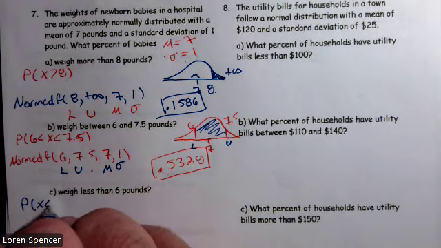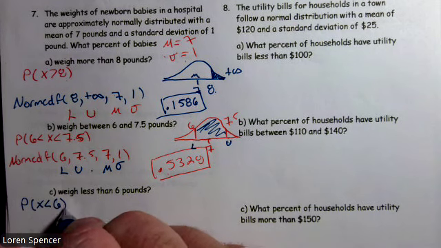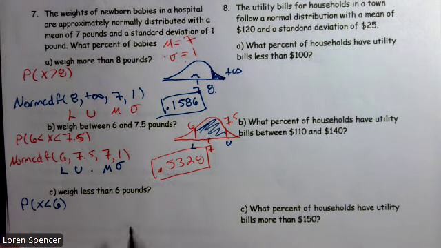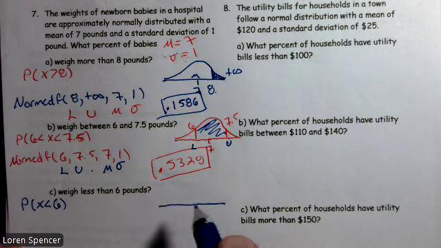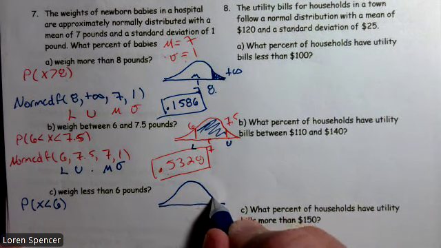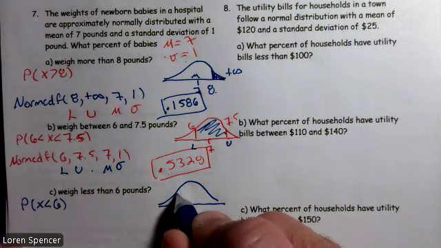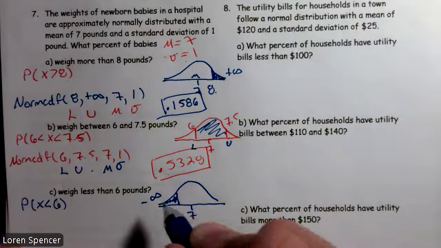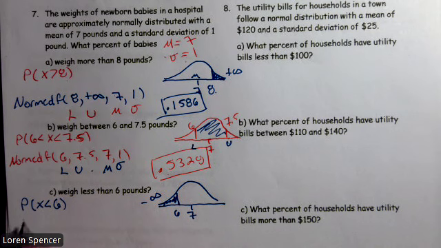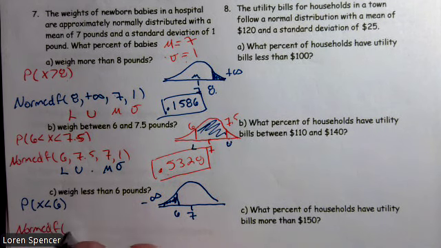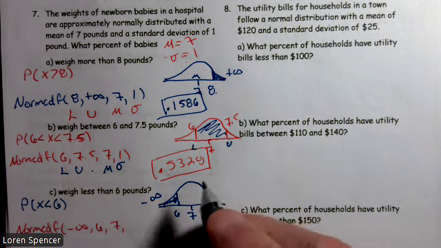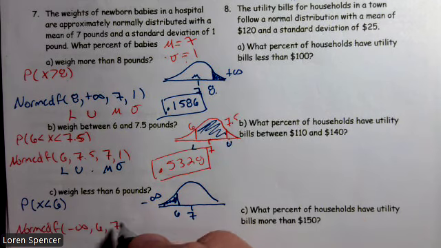Probability that X is less than 6. So we're shading to negative infinity. All right, so it's the normCDF. Lower bound negative infinity, upper bound is 6, mean is 7, standard deviation still is that 1 that we had earlier.